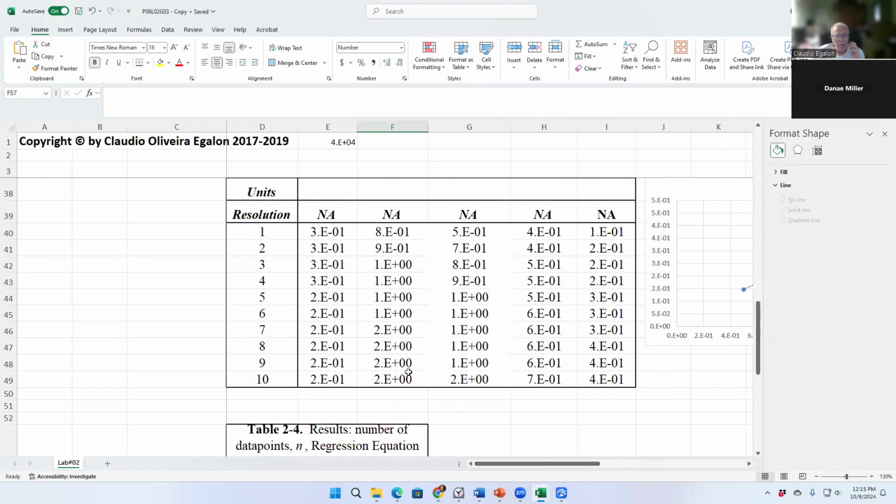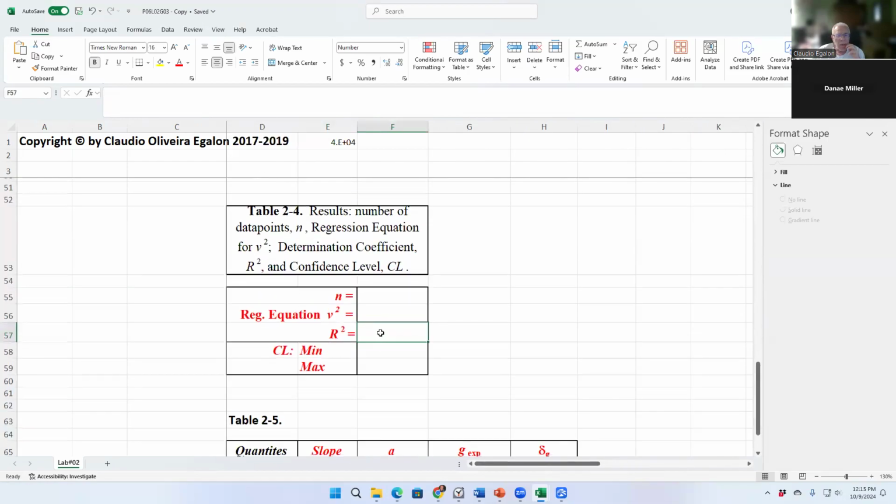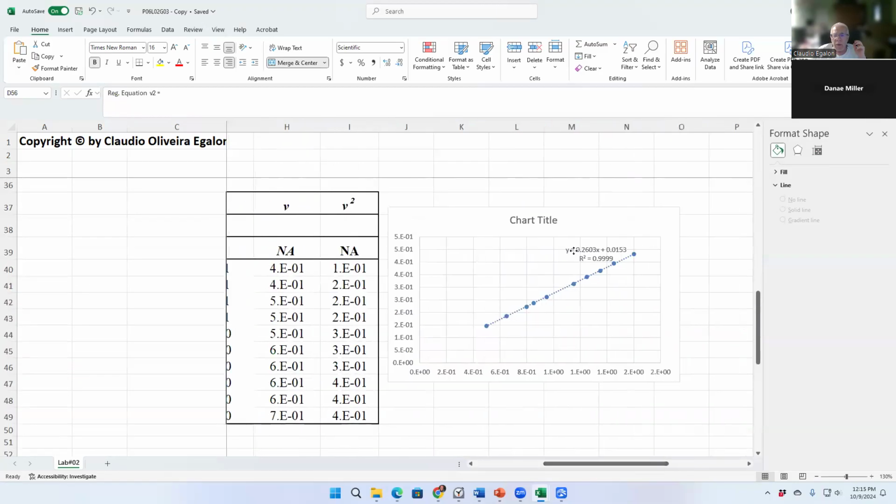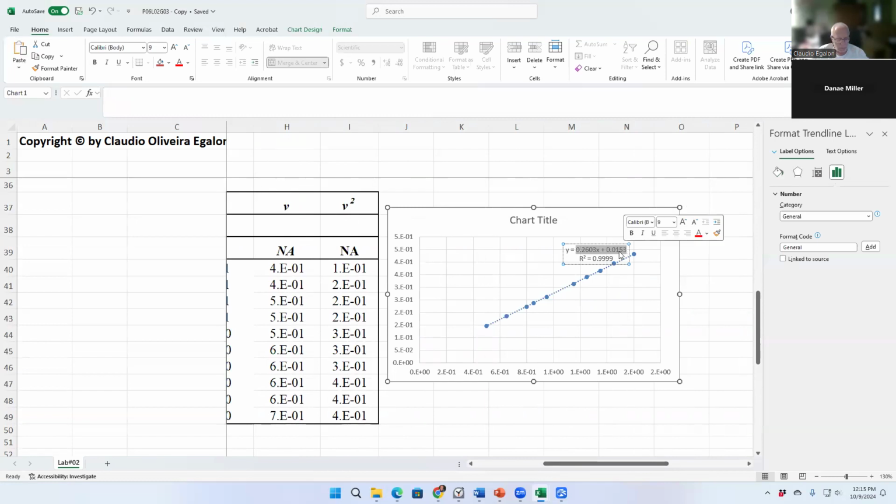Yeah, that's right, 4 decimal places. And for V squared, the V squared is just the regression equation. I wrote down the regression equation here. Just put the whole equation. You copy it and paste it there.